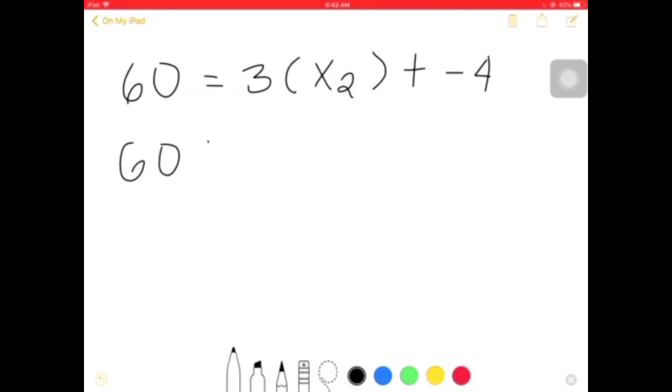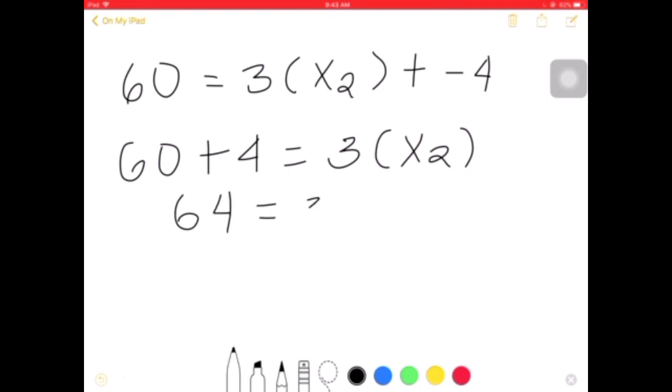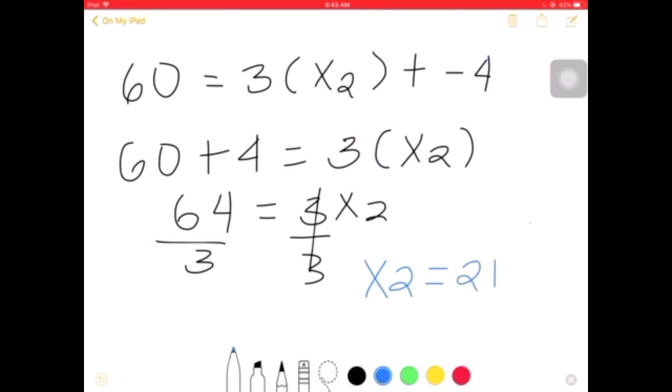We will transpose negative 4 to the other side. The equation will become 35 plus 4 equals 3 times x sub 2. Divide both sides by 3 to get the final answer. 3 cancelled. 39 divided by 3 is equal to 13.